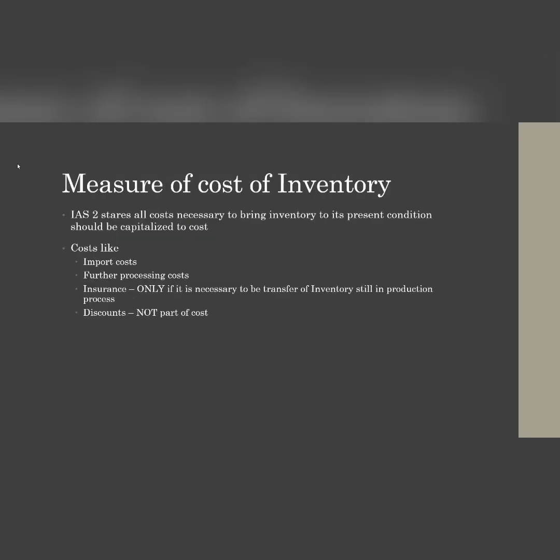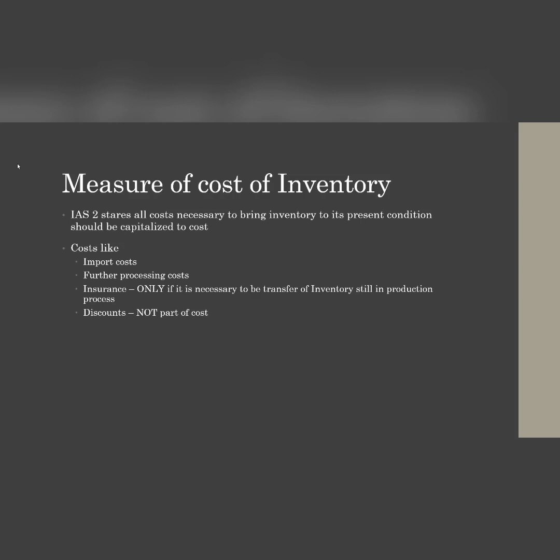Okay, measurement of cost. IAS 2 states that all costs necessary to bring inventory to its present condition should be capitalized. So think of it this way: once inventory is ready to be sold, we can't capitalize any more costs. We would rather expense those costs.